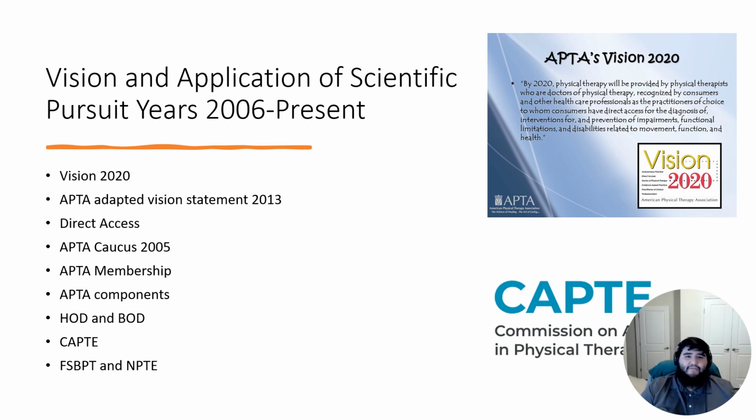And then there's the FSBPT, the Federation of State Boards of Physical Therapy, which are the people who develop and administer the National Physical Therapy Examination, which is what we take after we graduate to make sure we know enough about physical therapy to be a physical therapist assistant or physical therapist.